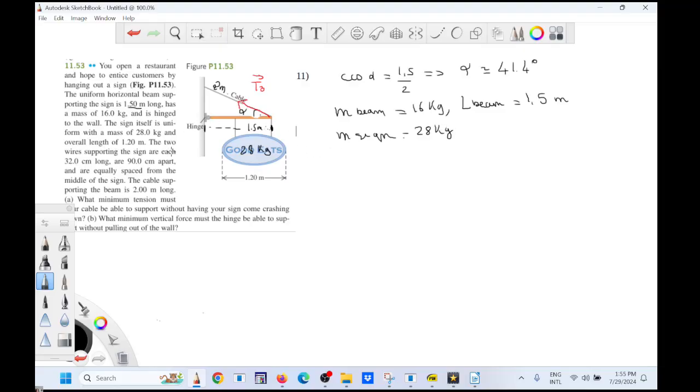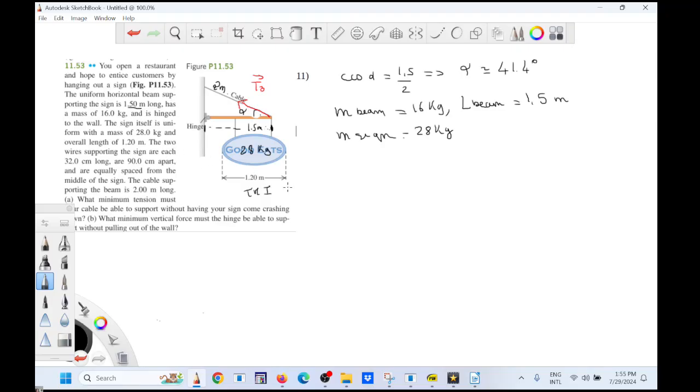And the length is 1.2 meters, but this is TMI. That means we are not going to use this information because the string here is what matters. This one is going to pull on the beam, and really, we do not care how long the beam is.